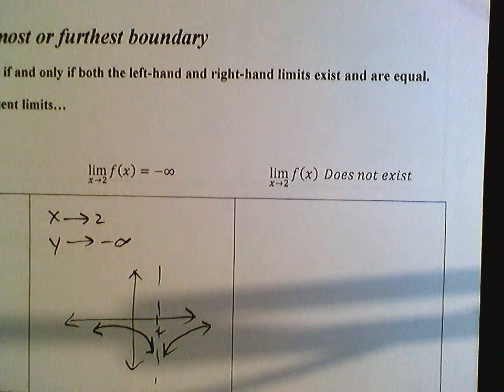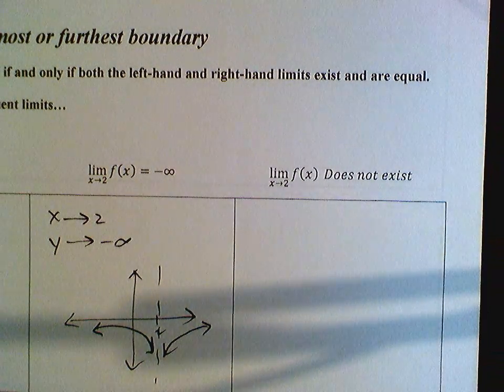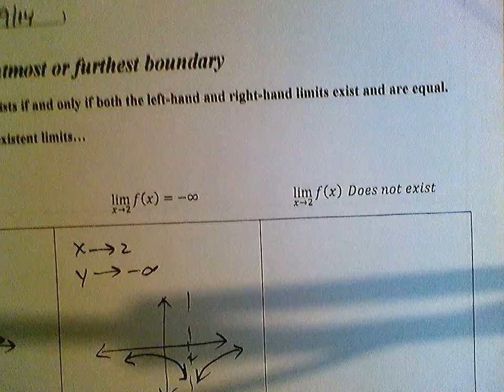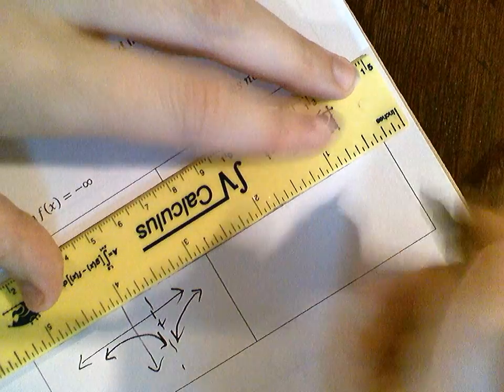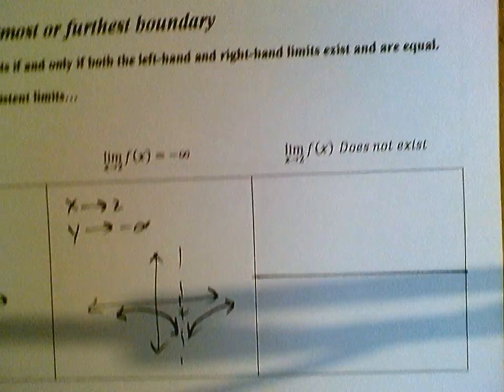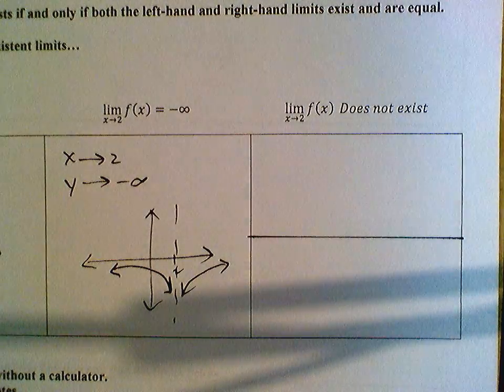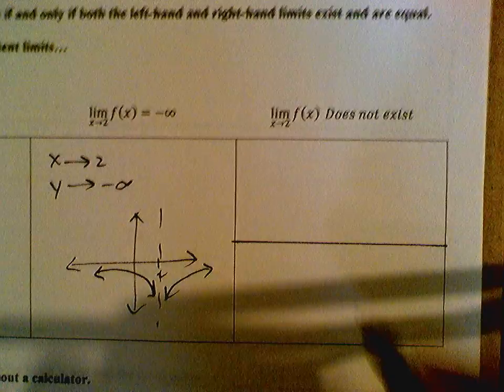But then, guys, we have another situation of non-existent limits where it's not positive infinity and it's not negative infinity. The limit just plain old does not exist because from the left and right, we do not have an agreement on the y values that we're approaching. I split this box because I'm going to do 2 examples.